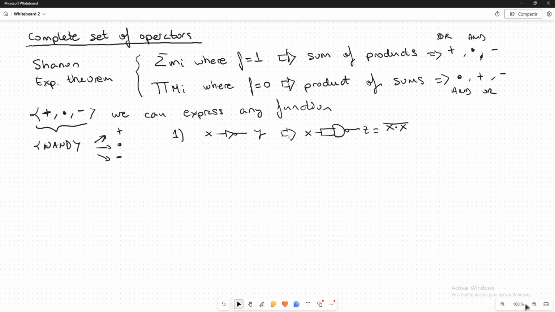And if we apply here theorem 3, the idempotent law, we have this, and this is the input negated. So connecting the same variable to both inputs, we can implement an inverter using a NAND gate. You can check this also using the truth table, okay?